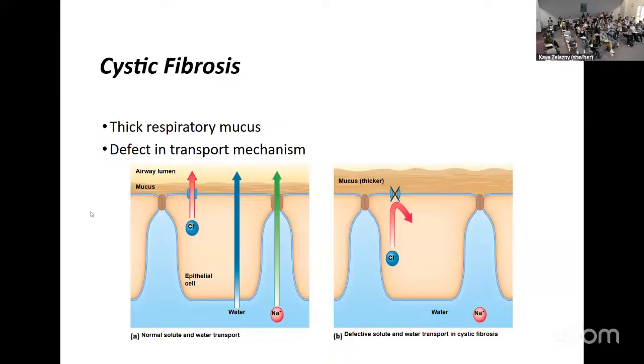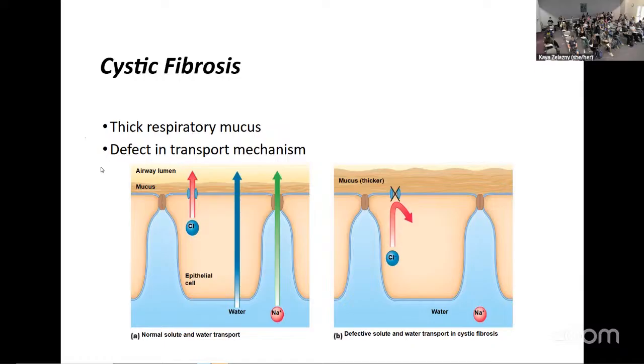An example of deficits that can happen in this process, with real life implications, comes in your book in the example of the disease cystic fibrosis, which is relatively common. I have a cousin with this. In a normal healthy lung, we have a process similar to what we were just seeing in the gut, but in reverse, right?